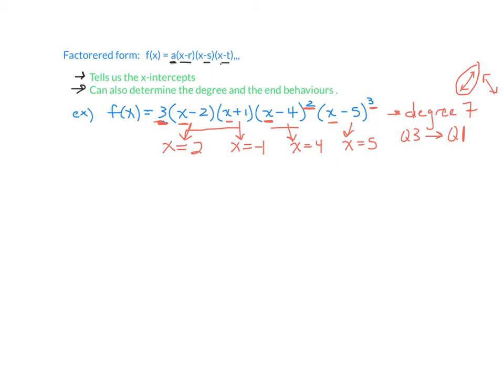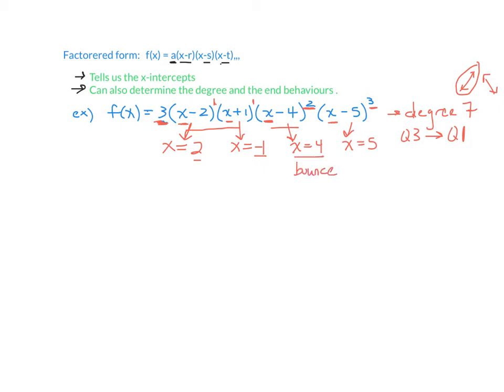Now, because the first two zeros here and here are order 1, their exponents are 1 up here. When I sketch this out, I'm going to have the graph just passing through the x-axis at those values. At x equals 4, we're going to get a bounce because its order was 2.